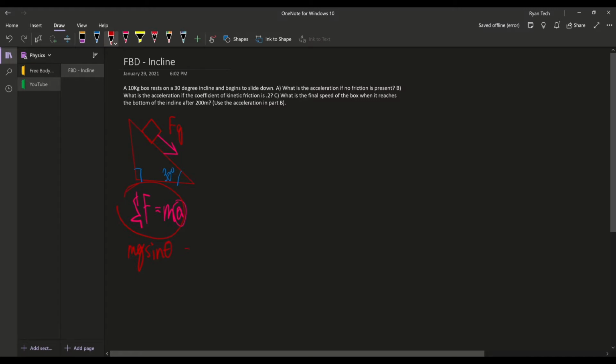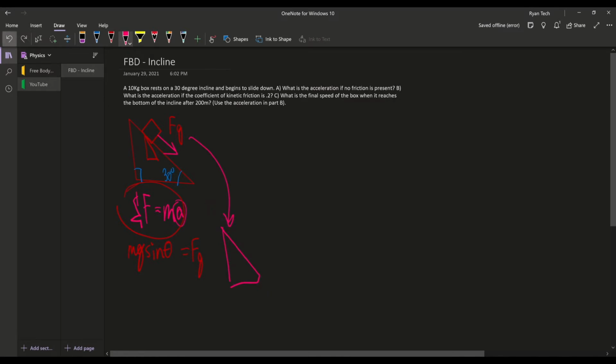The reason behind this is because if we have, let's say this is a triangle, but let's enlarge it right here. If that's our triangle, and the box is above it, this is our 30-degree angle. Then if we wanted to figure out Fg, it would be opposite, which is sine, over hypotenuse, which is why Fg equaling mg sine theta makes sense.